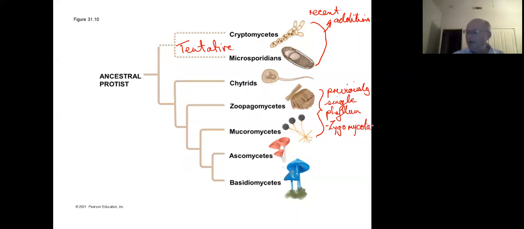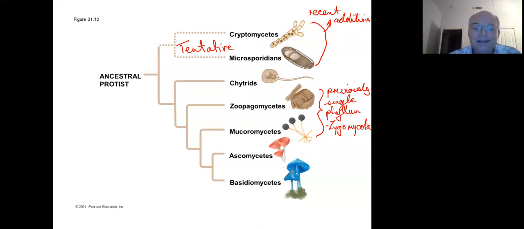So if you are thinking back to what you saw in the lab manual, you would have encountered the zygomycota. The zoopagomycetes and the mucoromycetes, or mucoromycota and zoopagomycota, are two new phyla that have been created by splitting the zygomycota.